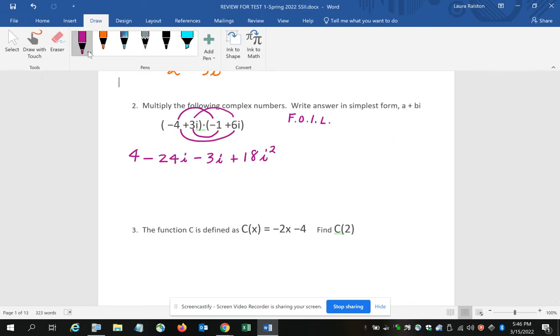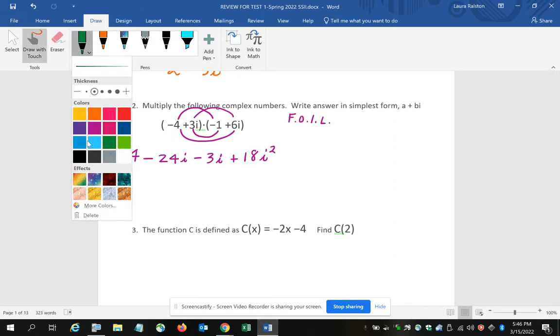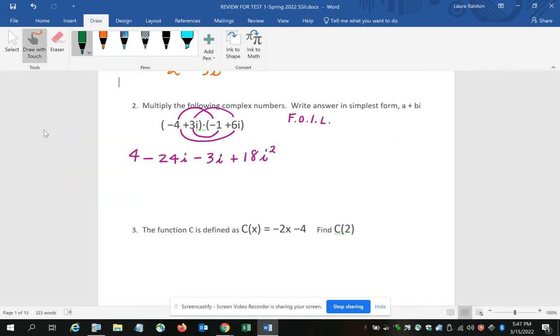The piece you have to remember when you're dealing with complex numbers is that you should never ever leave i squared in an answer, because i squared by definition is negative 1. Your final answer, if it contains anything, should only contain i, not i squared or i cubed or i to the fourth.